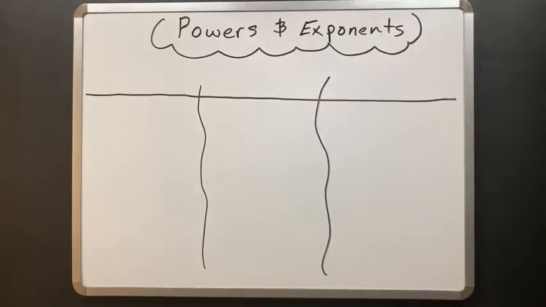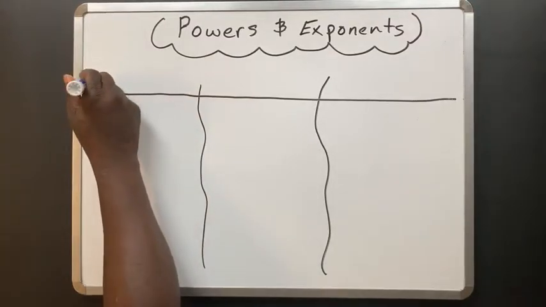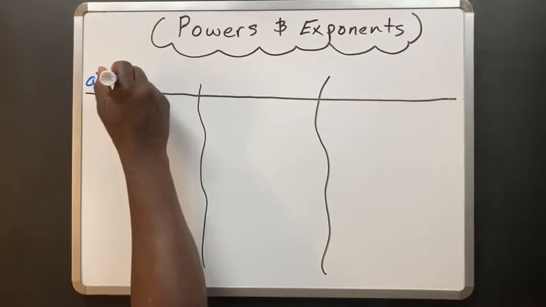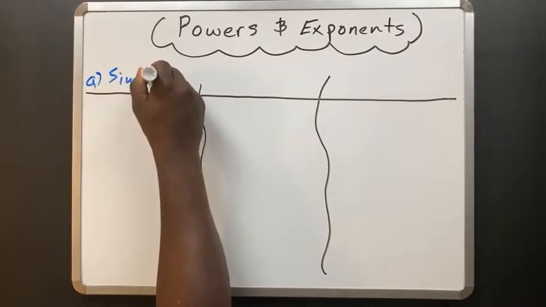Well, let's go ahead and start with, we're going to simplify what we can refer to as an exponential expression, or we're going to simplify this power, if you will, okay? So I'm going to call this A, and we're just going to simplify.